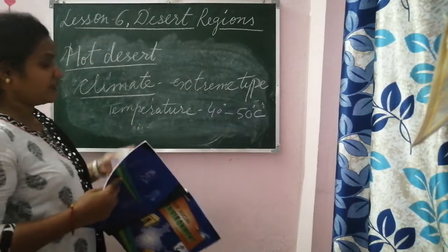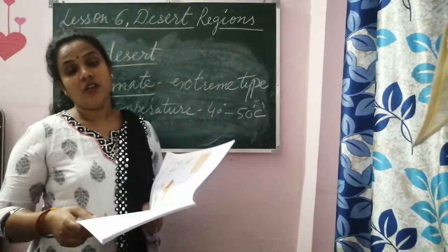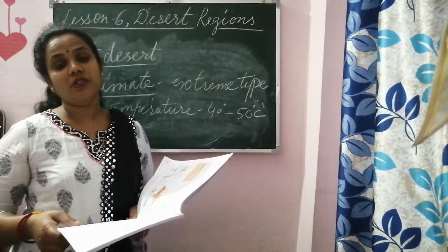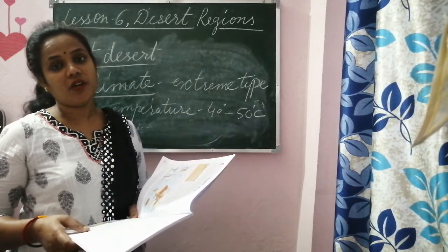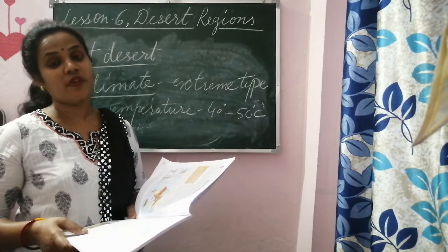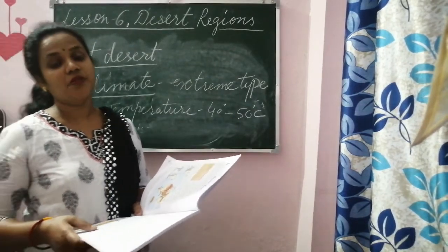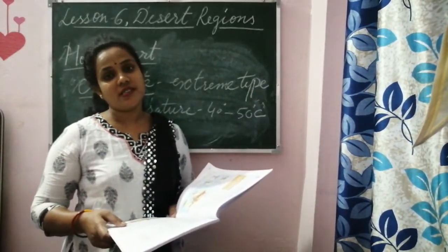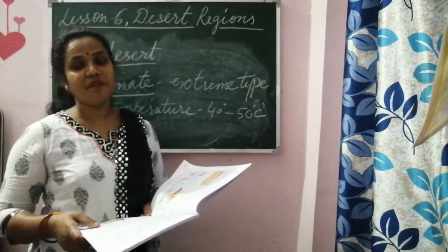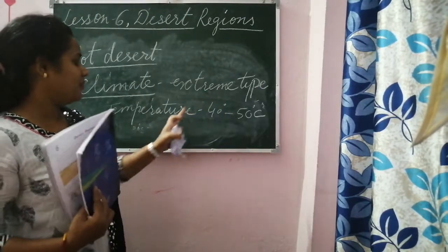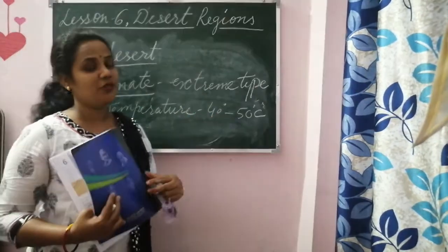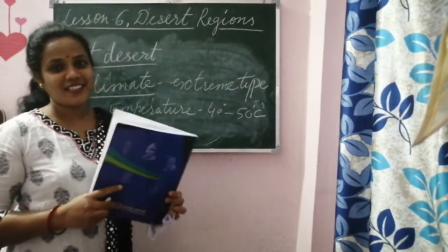Hot deserts are located on both sides of equator, from 15 degree north to 30 degree north near the Tropic of Cancer in the northern hemisphere, and 15 degrees south to 30 degrees south in the southern hemisphere near the Tropic of Capricorn. And climate is extreme type. Temperature during the day is 40 to 50 degrees Celsius.